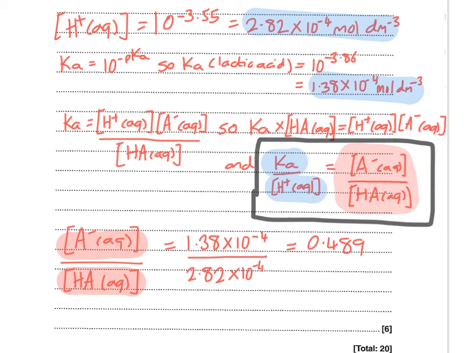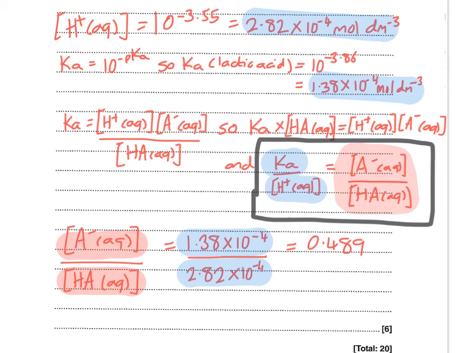From this expression this allows us to assume that they're equal to each other. So Ka is equal to A minus, and hydrogen ion concentration is equal to the concentration of my weak acid. So this gives us a value of 0.489.